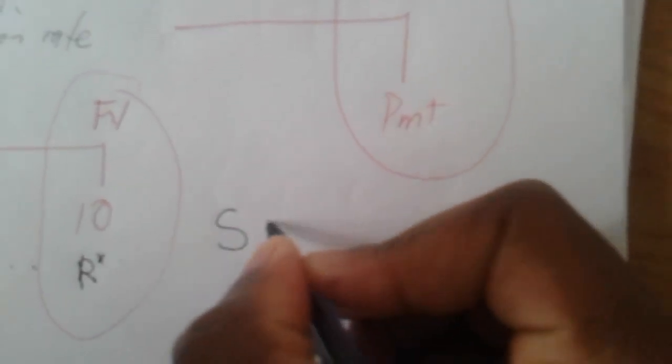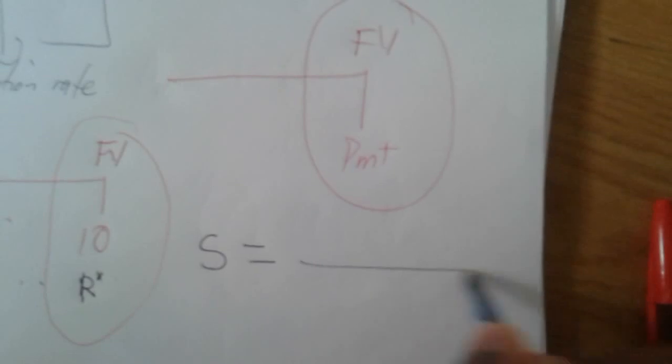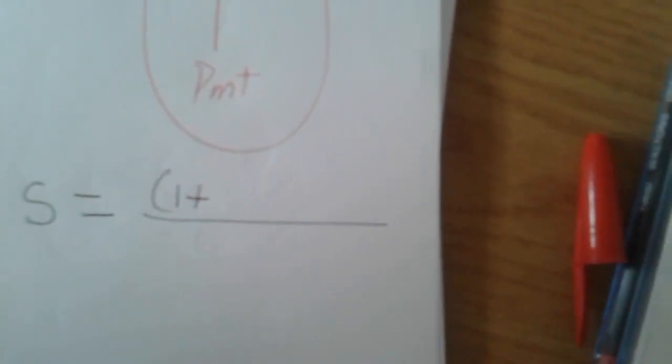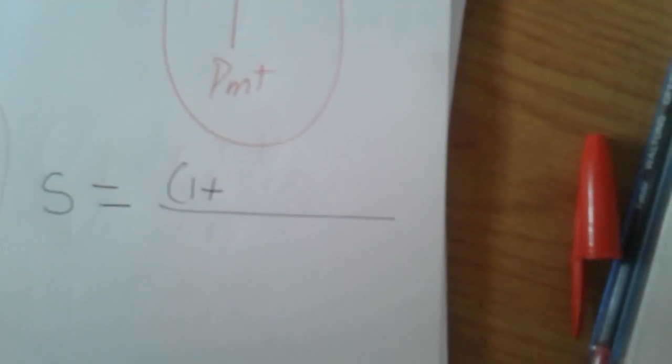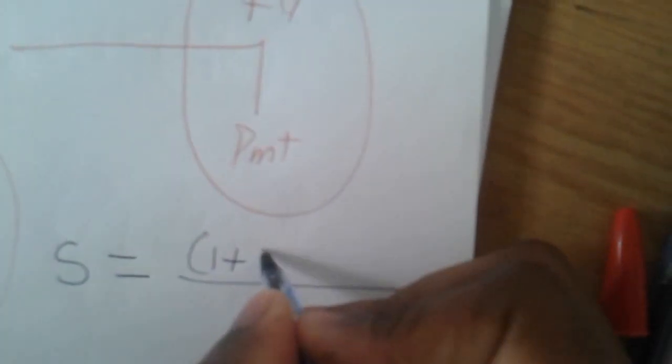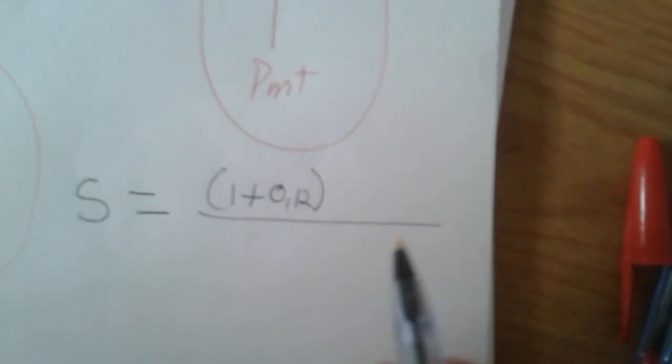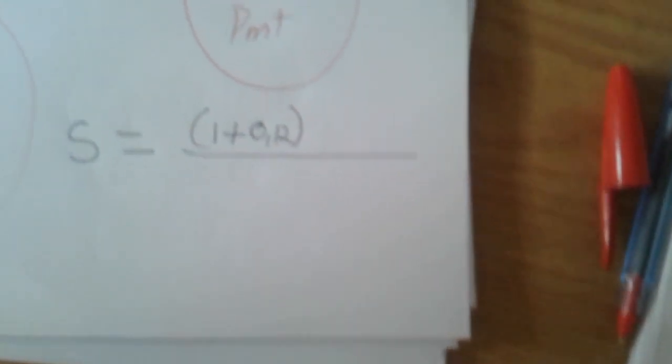Now let's calculate our future value. S is equal to, okay, so let's go 1 plus, what is our interest rate? 0.12. So (1 plus 0.12) to the power of, remember I said M times N is the same as the big N, and the big N is the same as the number of payments. Now how many payments are these? Yearly for 10 years.